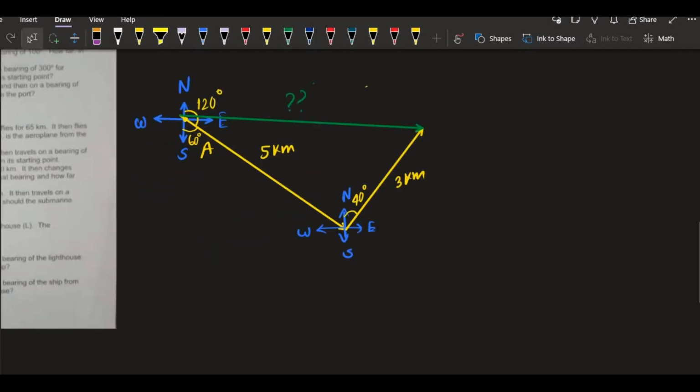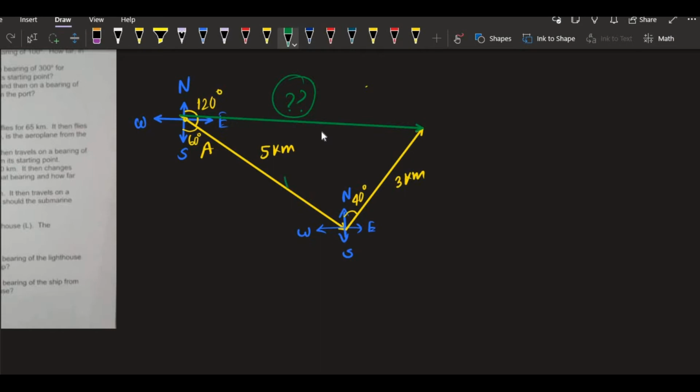Now we need to draw a triangle to find the green part. The unknown here is this green part. We need to find this length: how far is he in a straight line?